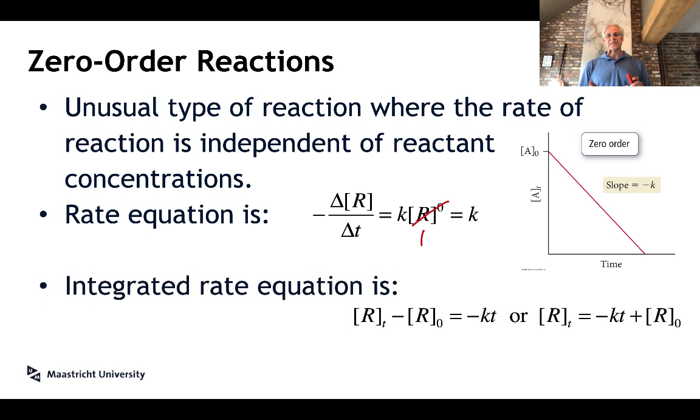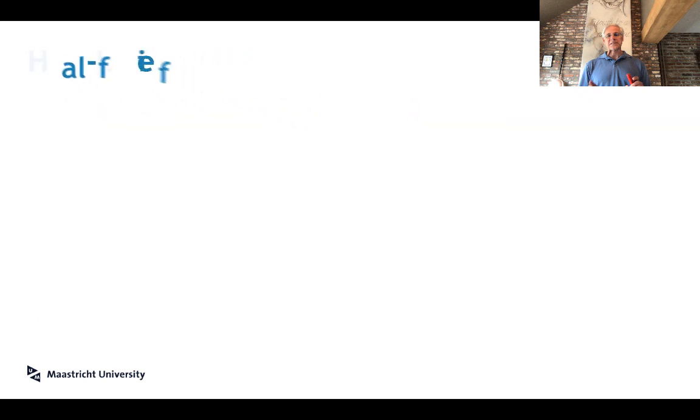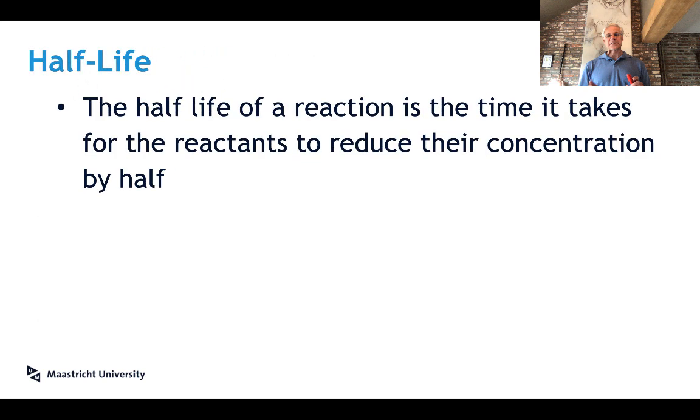You can integrate that rate equation and we get R at times t minus R at times 0 is equal to negative kt, or we can rearrange that into a slope-intercept form where we have R at time t is equal to negative kt plus R at times 0. And the units of K are molarity times time. So very different units for K depending on the order of the reaction.